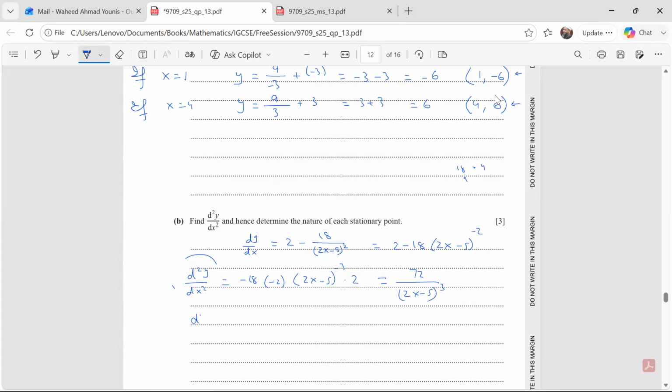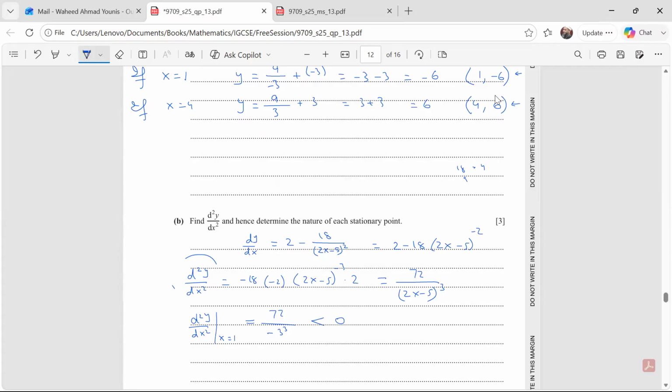I want to find d²y/dx² when x is 1, for the first stationary point. When x is 1, this is 72 over (2 − 5), which is −3, cubed. So it's a negative quantity. I don't need the exact answer, but I need the sign. This is less than 0.